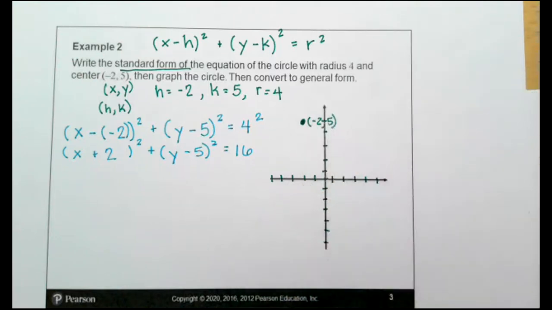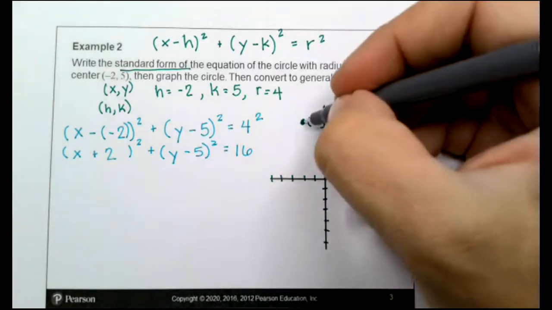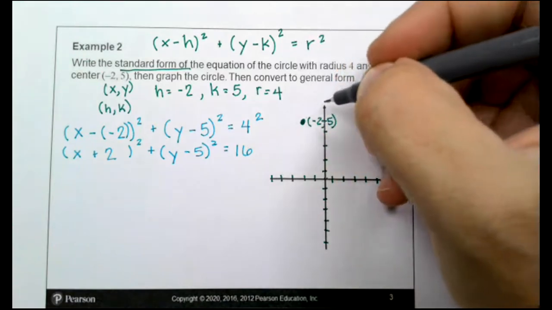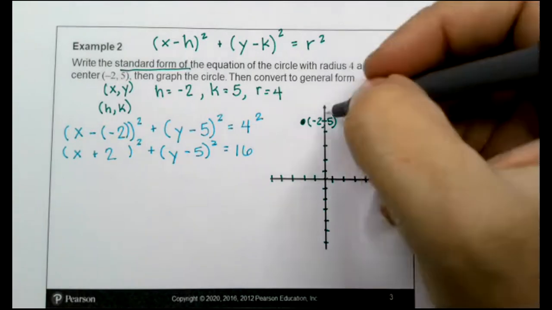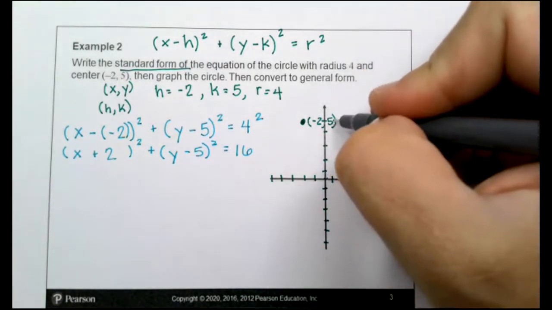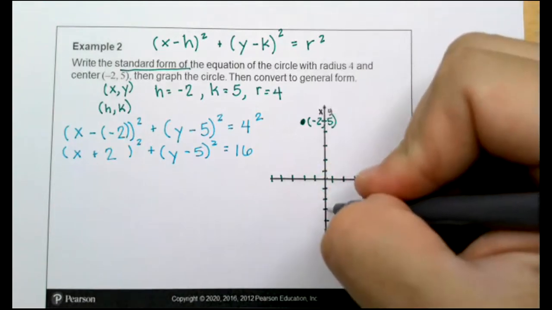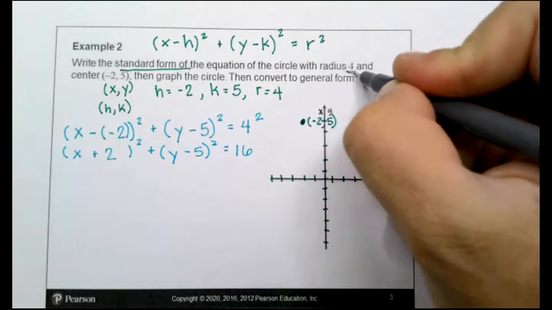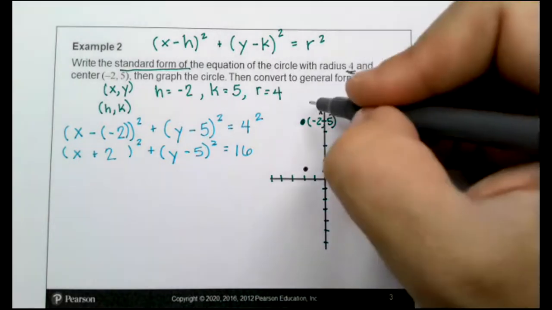Here's my center, and my radius is 4. So if I can go down 4, right? I thought that I put -5, but that was just my dash. Okay, so if I'm at y 5 and I want to go down 4, I end up at 1, right? So that's my first point.